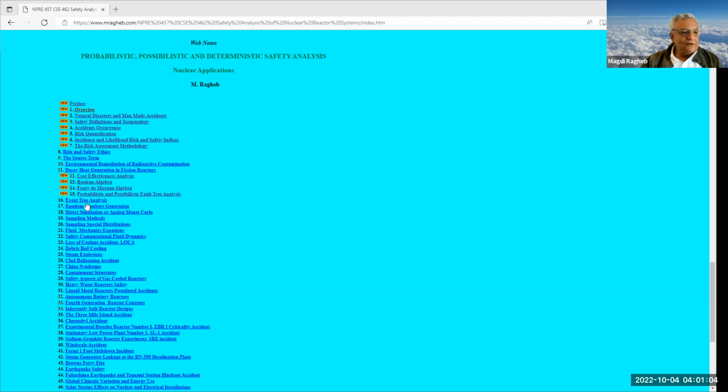Today we're going to attempt to learn about another methodology for risk assessment, and that is named event tree analysis. And we need to understand the difference between fault tree analysis and event tree analysis.